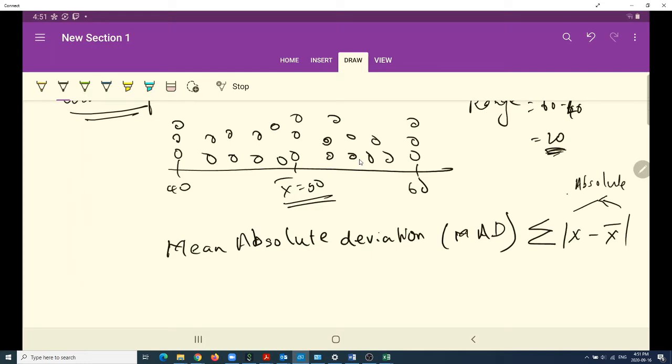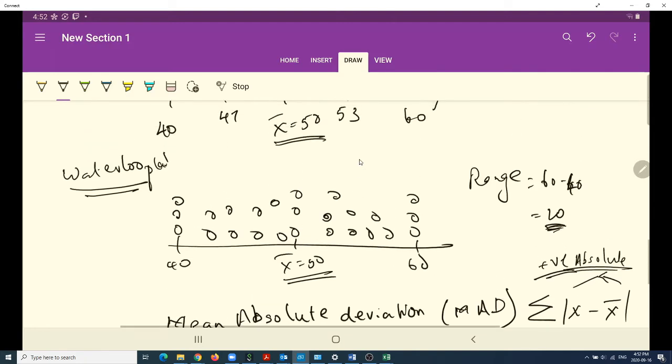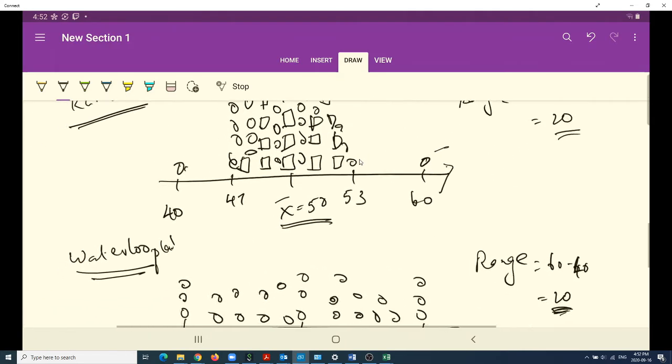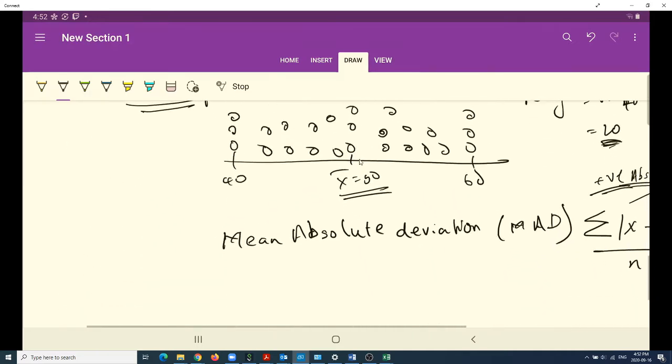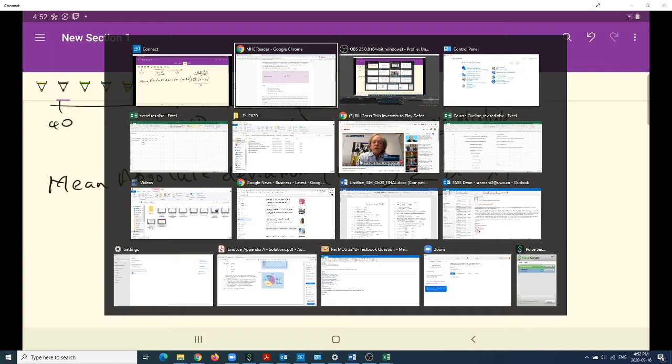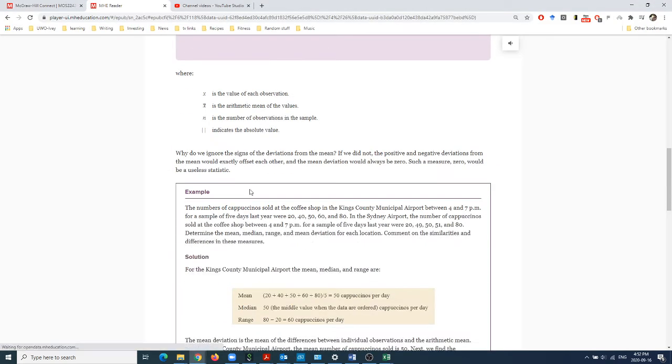It's only the positive value. And you divide that by the total number of observations. So this does account for the total number of observations, and clearly it might be better than the range. This is the mean absolute deviation, and these two square brackets indicate the absolute value.